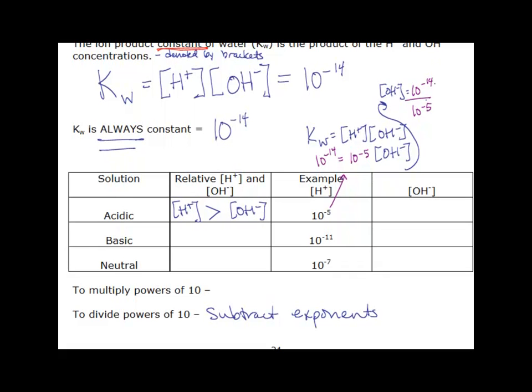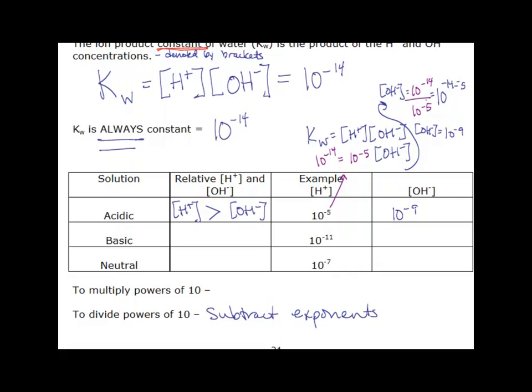So, to come up with a hydroxide ion concentration, we just need to say 10 to the minus 14th minus negative 5. So minus 14 plus 5 will give us 10 to the negative 9th. So our answer right here is 10 to the negative 9th.